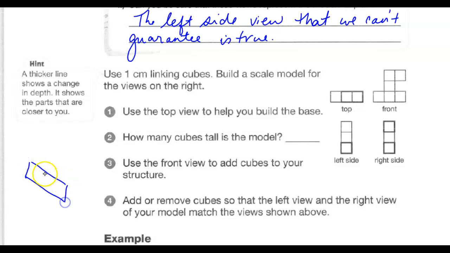There we go. Okay, so that's for sure what the base is. Obviously, there's 2 taller. So this is the front here. So the front has 3 there. We've got to go up 2 higher.